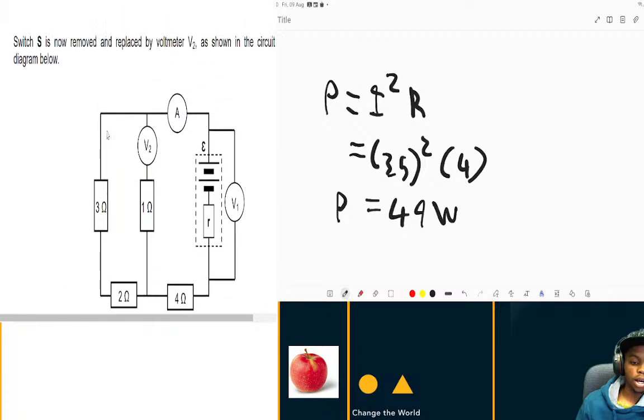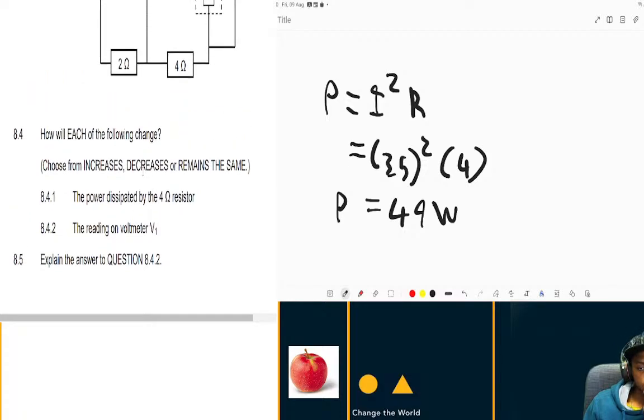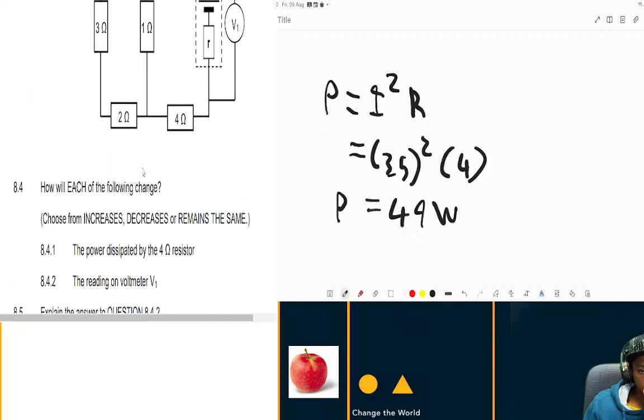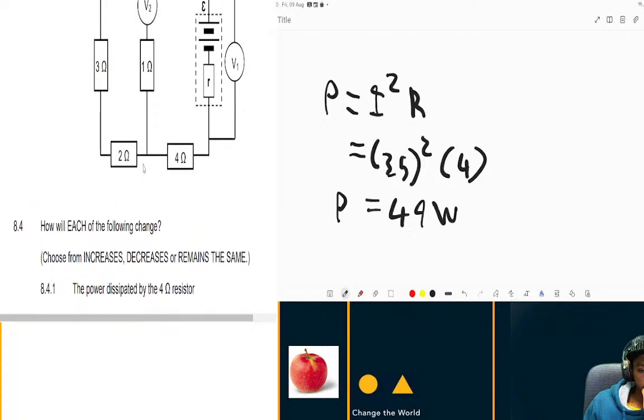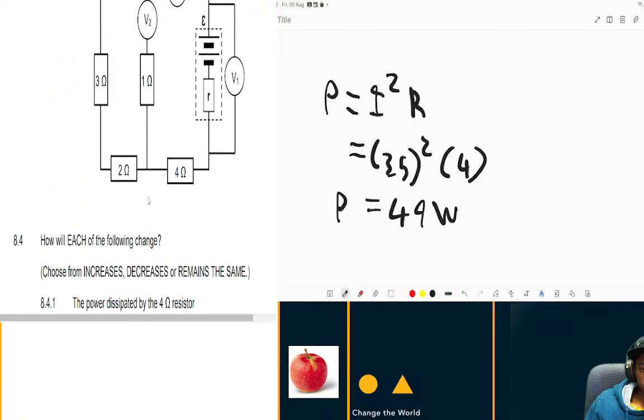So now we come into the question. They say the power dissipated by the 4 ohm resistor, how will it change? What will happen to it? Okay.